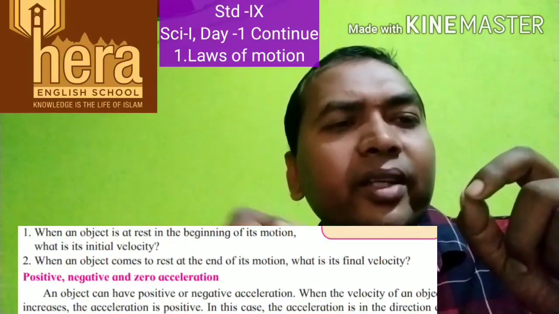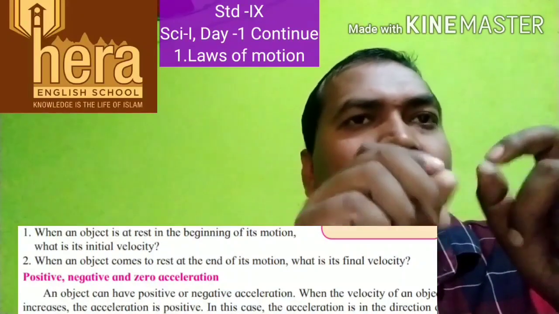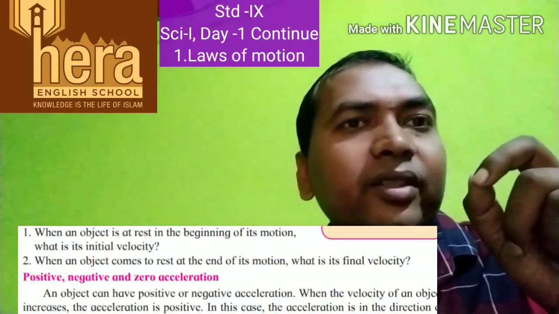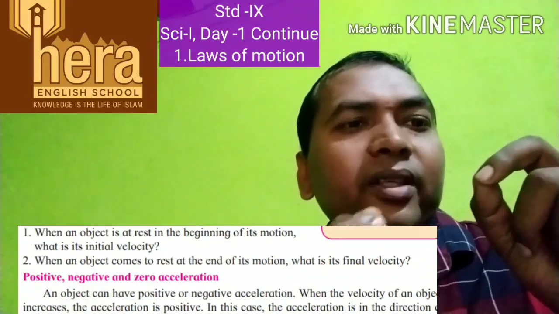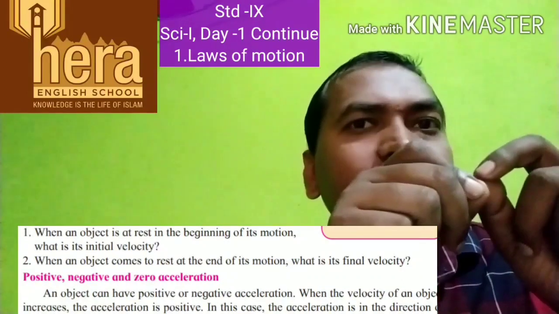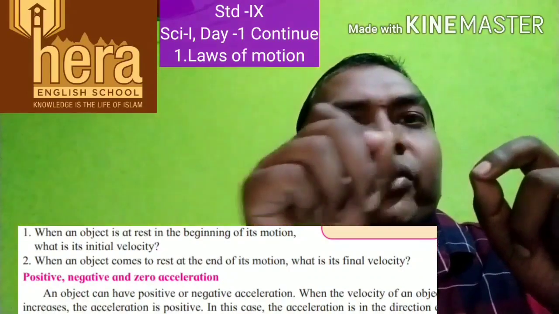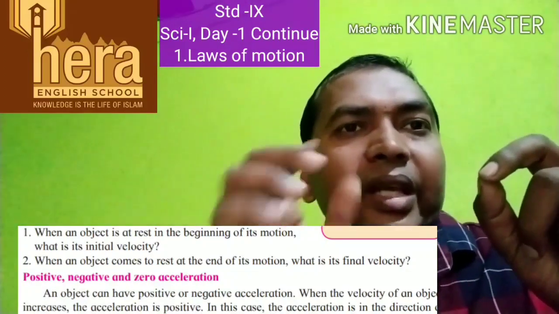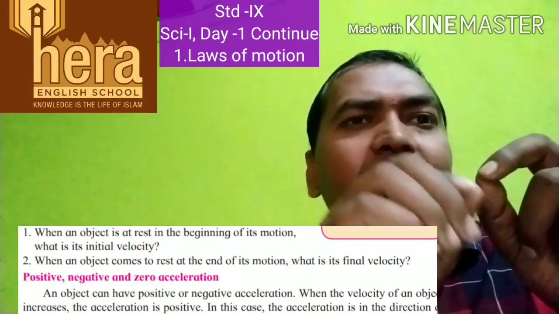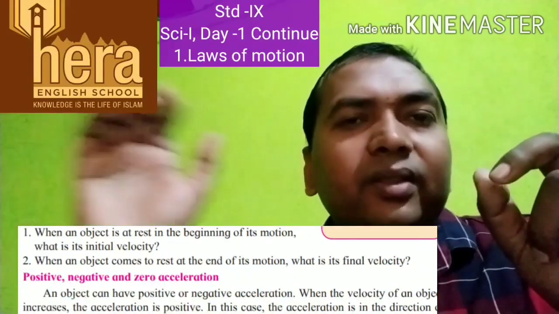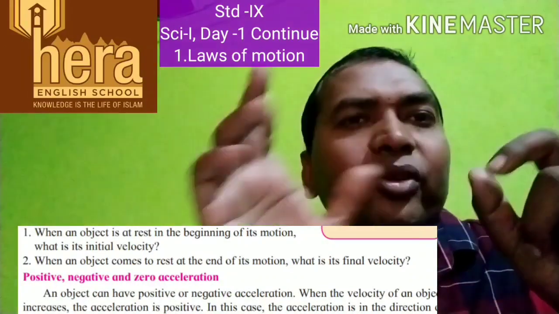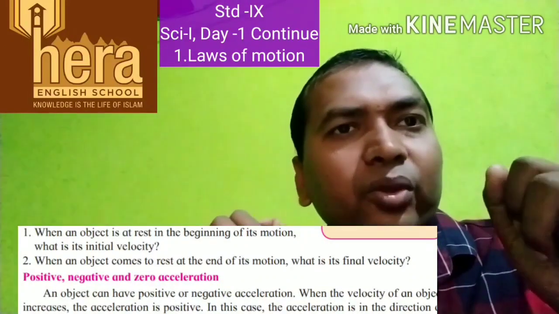I repeat, if an object, a car, a bike, a bus, starts from rest, you take u is equal to 0. If a car stops after some time, take v is equal to 0. Understood?